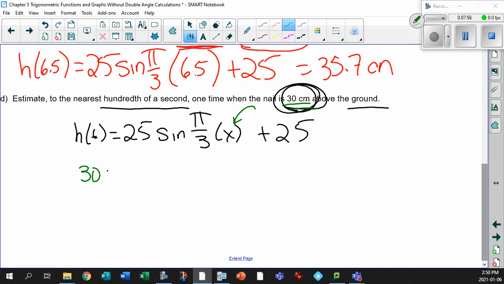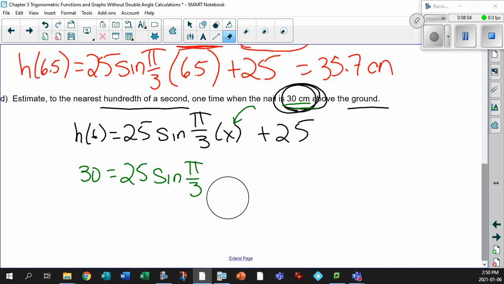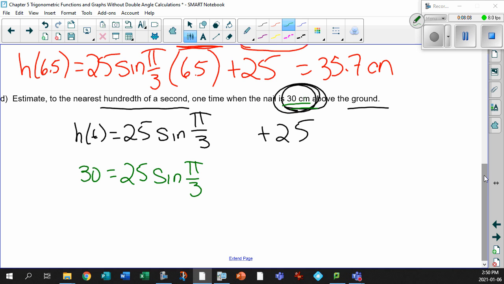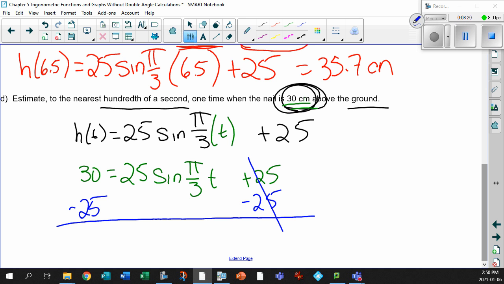Okay, there's 30 equals 25 sine pi over 3. That's the x I'm trying to find. Or they like it better as t. So maybe I should have written this as t over here. Whatever. It's still a variable. Plus 25. Okay, start solving this. Subtract 25 from both sides. Oh, that's easy enough to do because then that cancels.